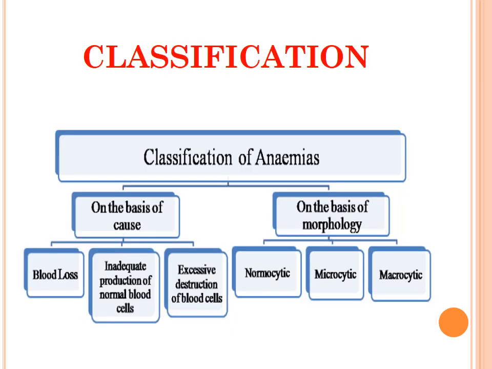Dear friends, let us see the classification of anemia. There is a two-way classification. First is on the basis of cause. Second is on the basis of morphology, or we can say shape of RBCs. On the basis of cause, we classify them as: first is anemia due to blood loss, second is anemia due to inadequate production of normal blood cells, and third is anemia due to excessive destruction of blood cells.